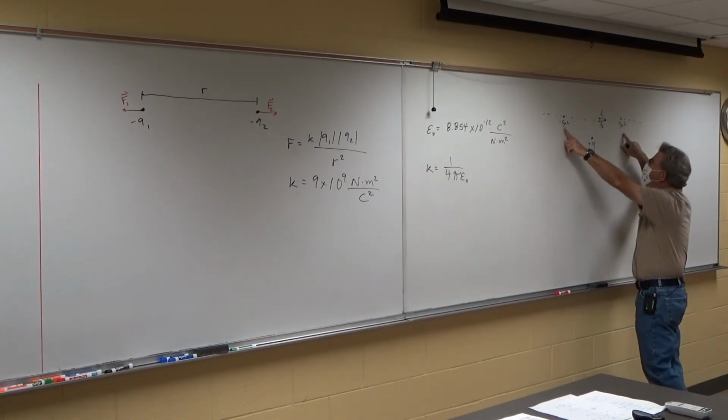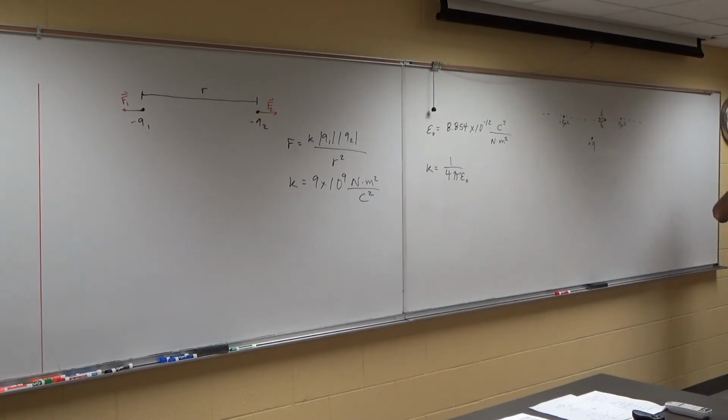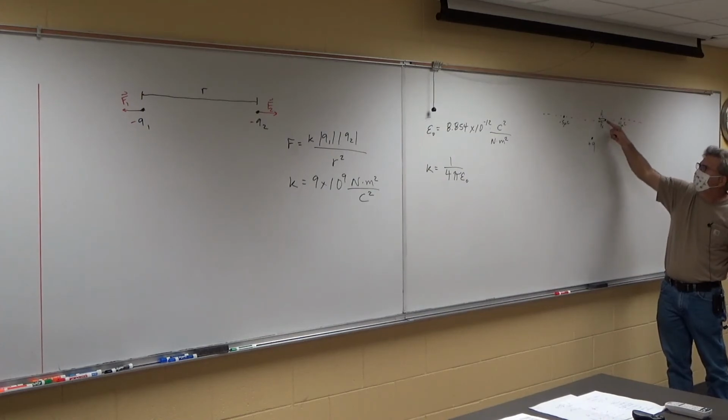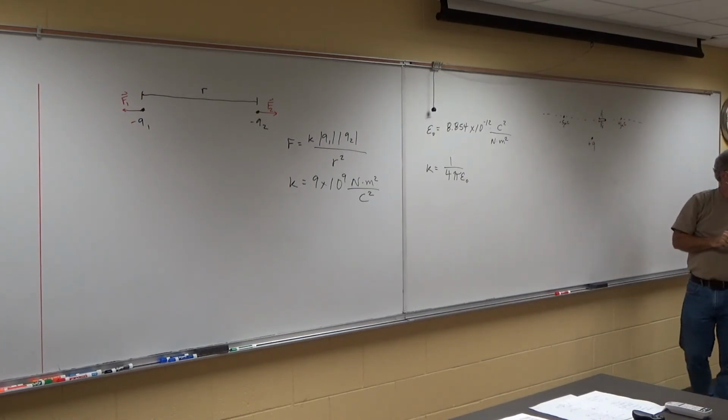I am not concerned about the force on these charges. I'm looking at the force on plus Q, which I just put there. So you just wanted to pull in both directions? Yeah, they're both in the same direction. The force is because you get a repulsion from this one and you get it being attracted to this one.